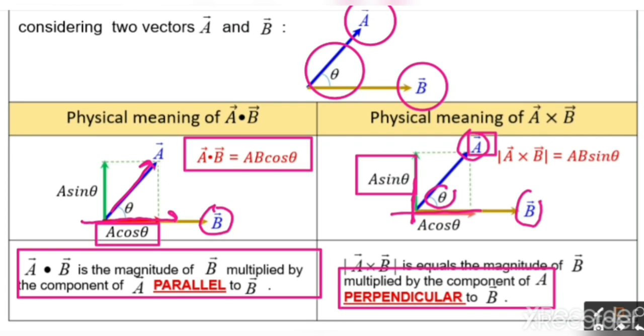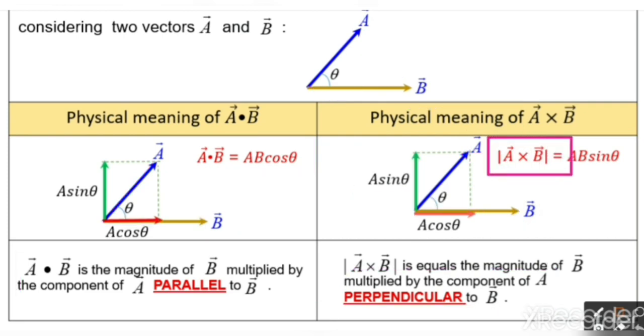That's why A cross B is equal to AB sin theta.